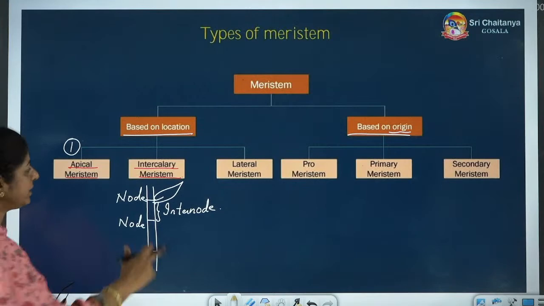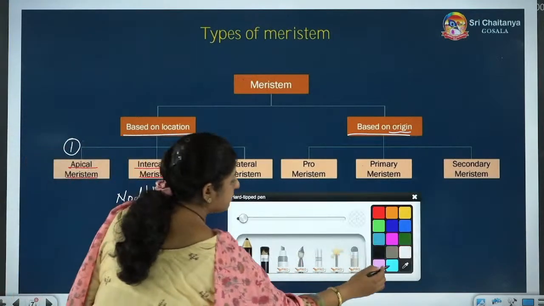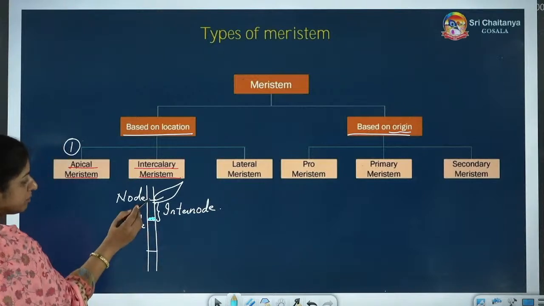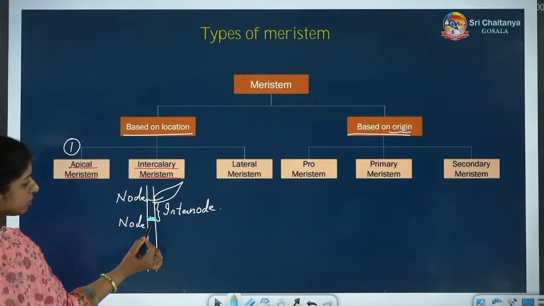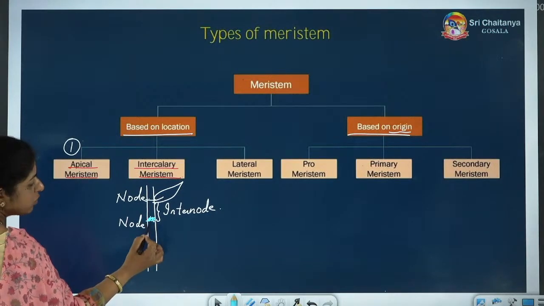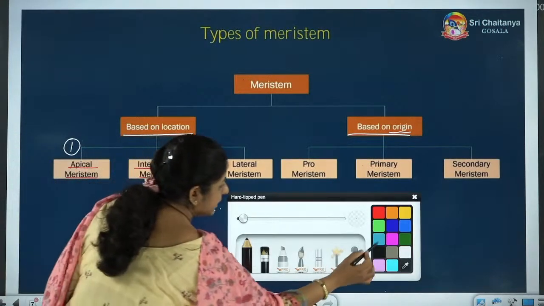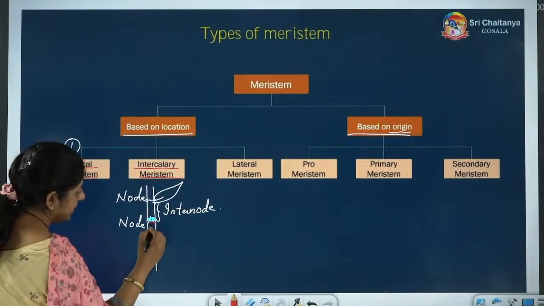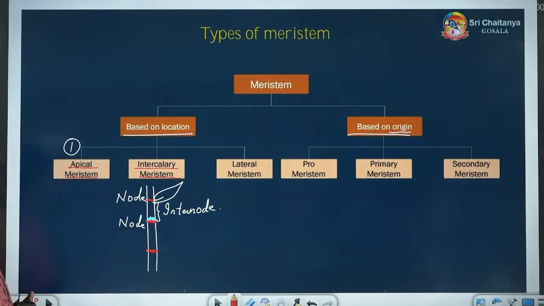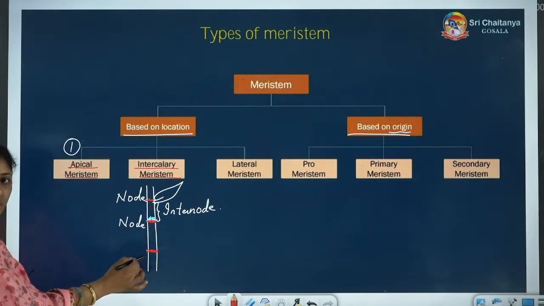So intercalary meristem is present on the internode, at the base of the internode. Let me take this color. The red one is the nodes.